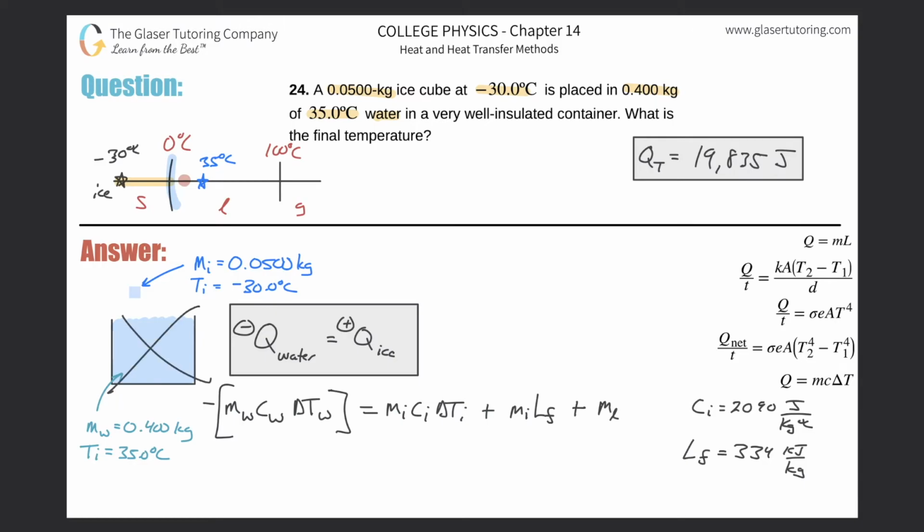Do not confuse it with this. The mass of the liquid now, remember the mass of this liquid came from the mass of the solid ice. So this number here is not 0.4, it is 0.05. You have to be consistent with these units, with these variables, okay? This is all about ice. So the mass of the ice portion is 0.05.